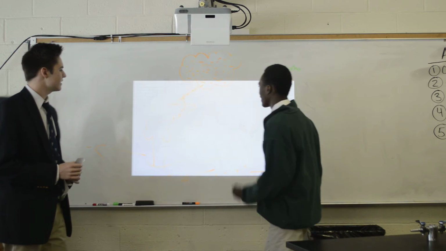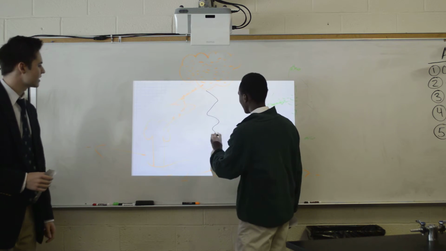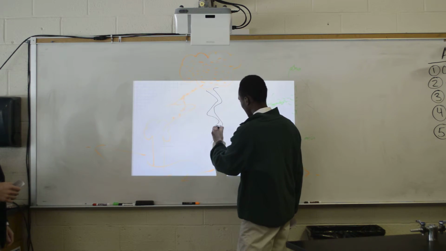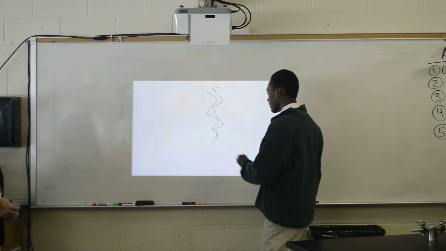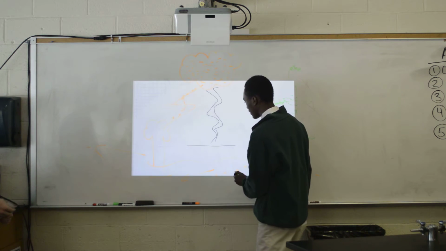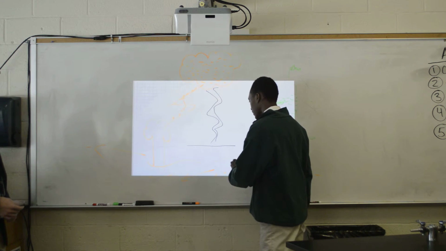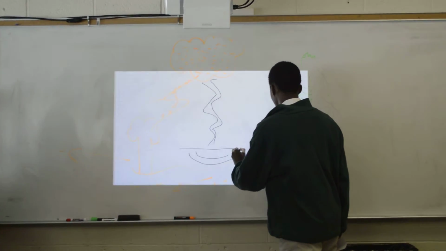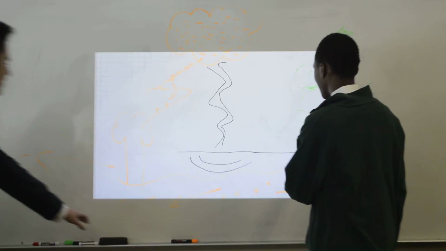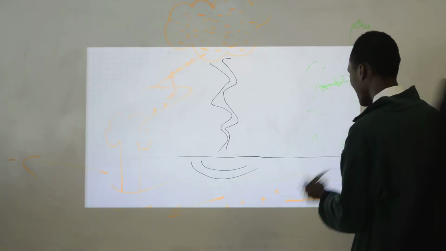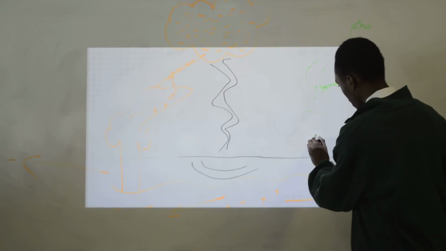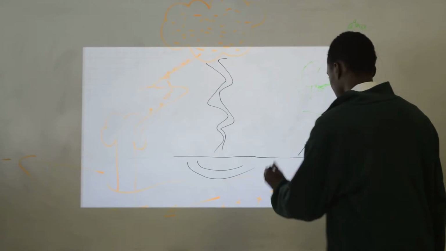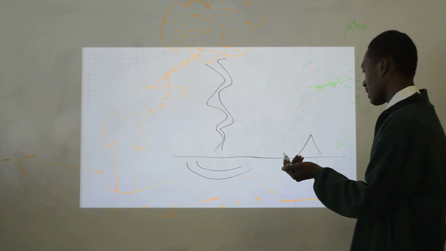So, when lightning strikes the ground, it produces an electric shock field. And so, when Dylan's sister here is sitting here, because she has her legs spread apart like this, it creates kind of like a circuit.